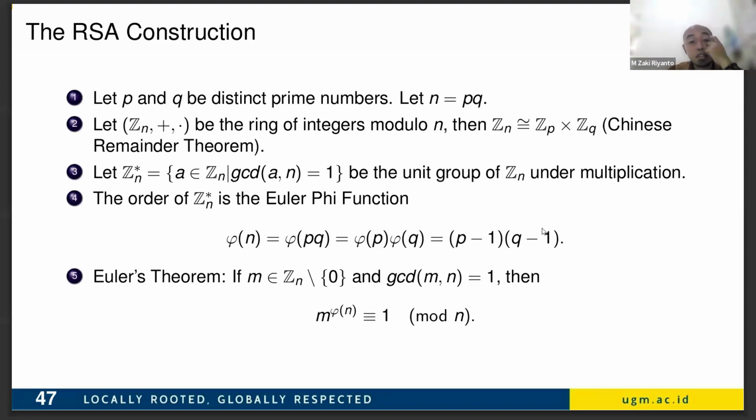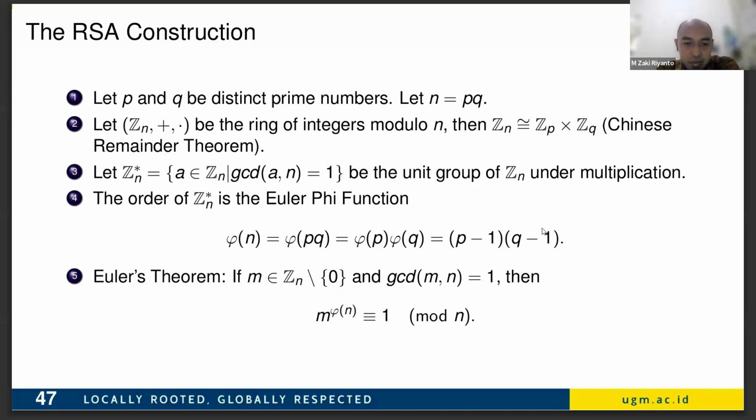So here's the construction of the RSA crypto system. Let P and Q be distinct prime numbers, and let N be the multiplication of P and Q, and let Zn be the ring of integers modulo N. By the Chinese remainder theorem, Zn is isomorphic to Zp cross Zq.